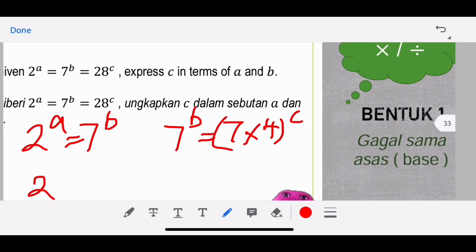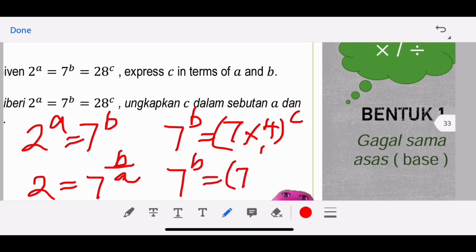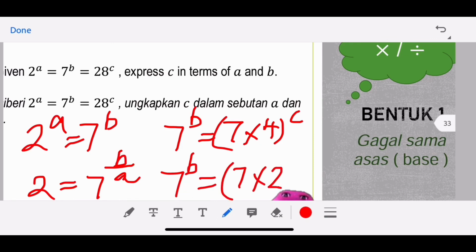When you see 28, you will convert to 7 and 4, the lowest base, okay? So you have 2 equal to 7 to the power of b over a. Then you can substitute into the equation on the right. So it's 7 power b equal to 7 times 4, and 4 is 2 power 2.